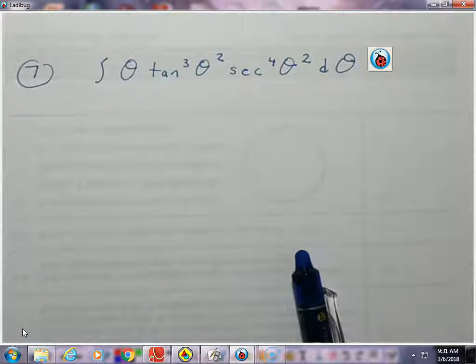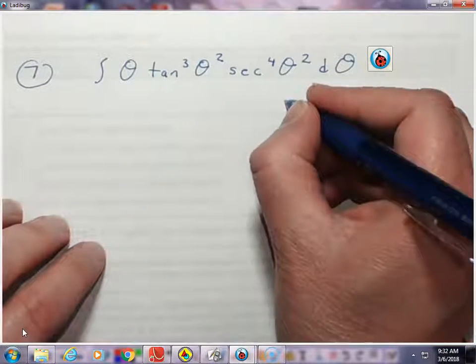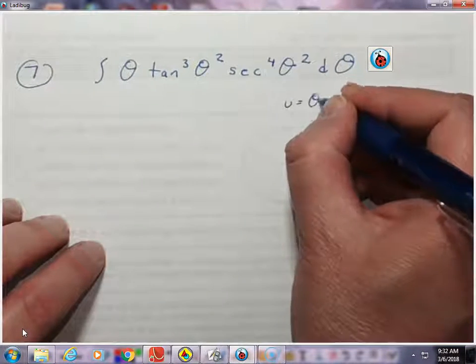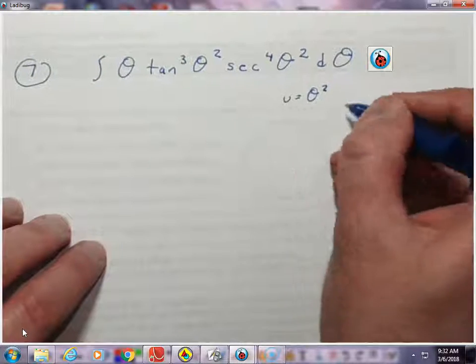So this is problem number 7. What's odd about problem number 7 is it has this theta squared all the way through it. So I'm going to handle that first, and this one might even come out with a double u substitution, I'm not sure, but I'm going to start with the fact that I've got this theta squared.